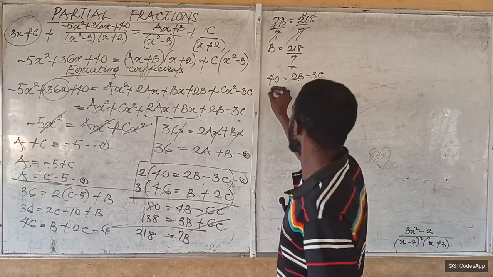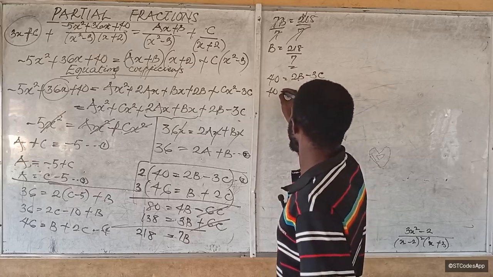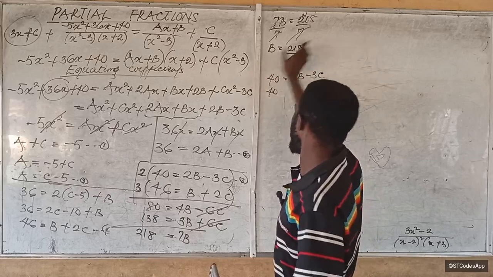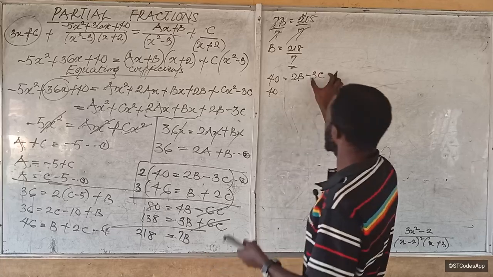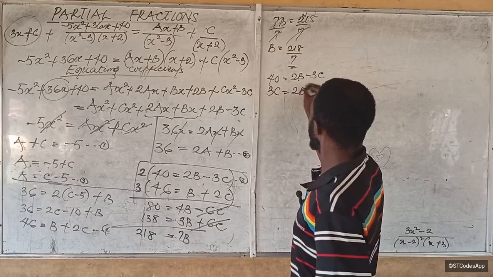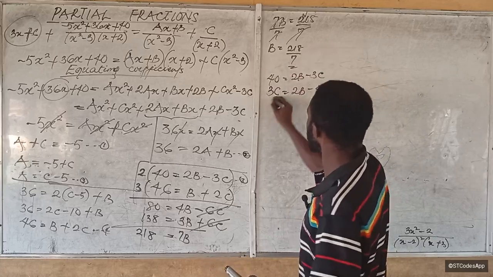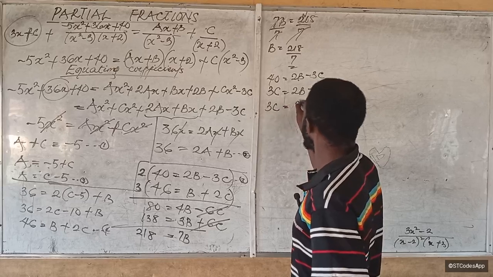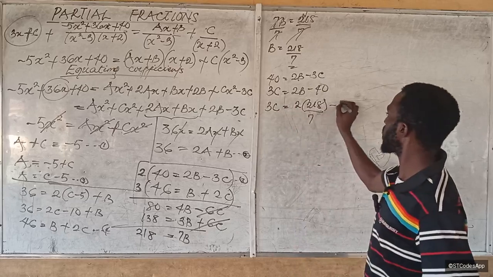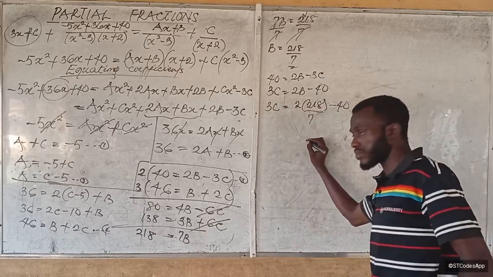So here we can easily say that, let this guy come here and let this guy come here. I hope you understand that. It's going to be 3C is equal to 2B minus 40. Now B is this, so 3C will be equal to 2 into bracket 218 over 7 minus 40.